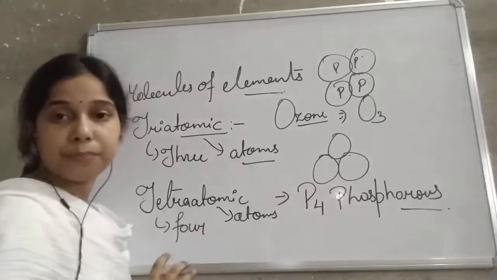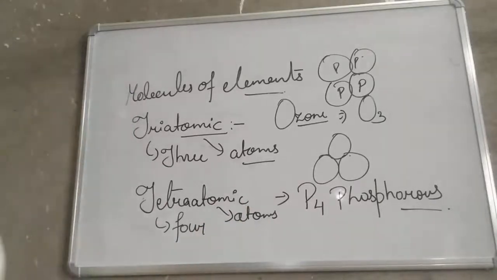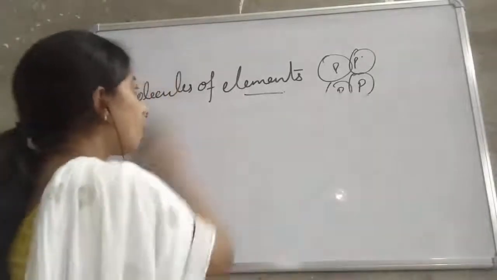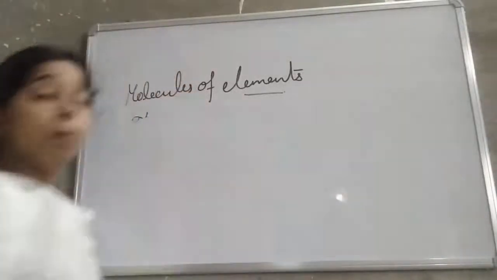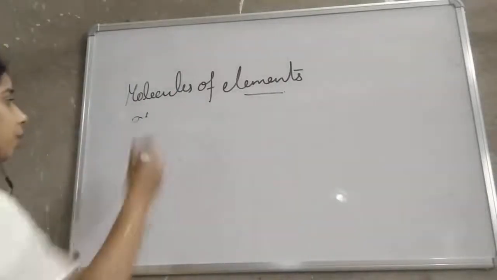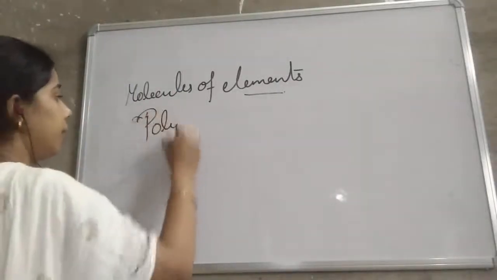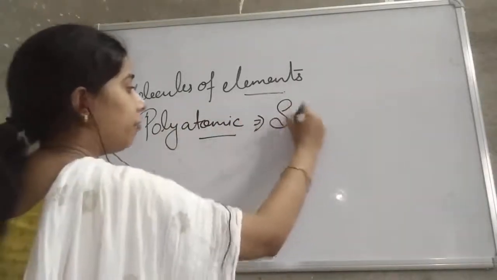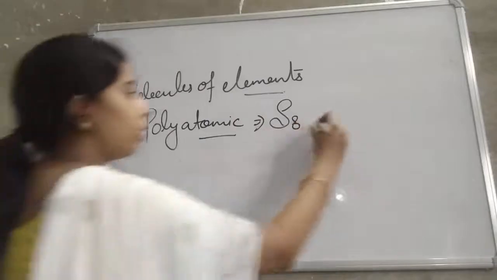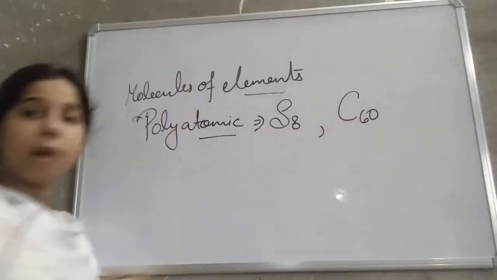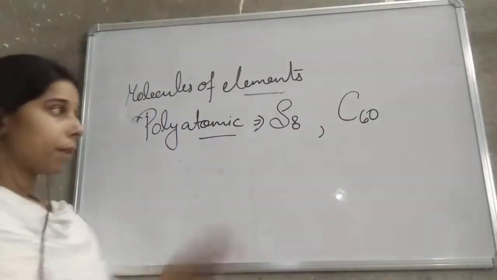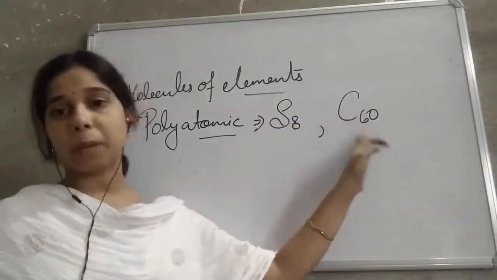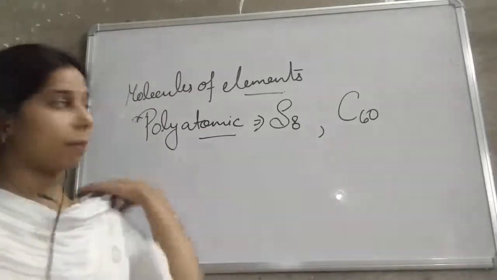tetrahomoatomic molecule. Now after that, polyatomic. So polyatomic means more than 4. Okay, so polyatomic, like sulfur, S8, or C60, Buckminster fullerene. So Buckminster fullerene, 60 carbons combine together to form the Buckminster fullerene.